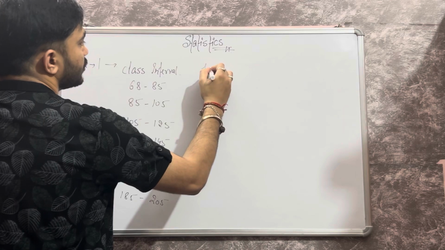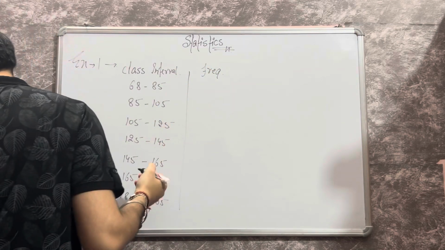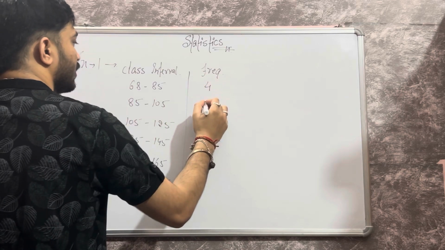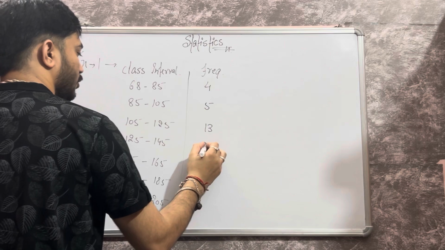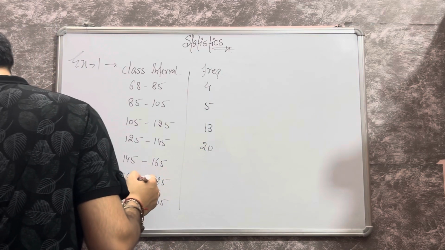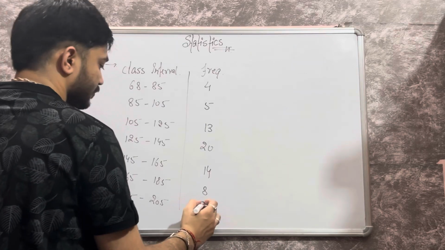And the subsequent frequencies of these class intervals are given as 4, 5, 13, 20, 14, 8, and 4.